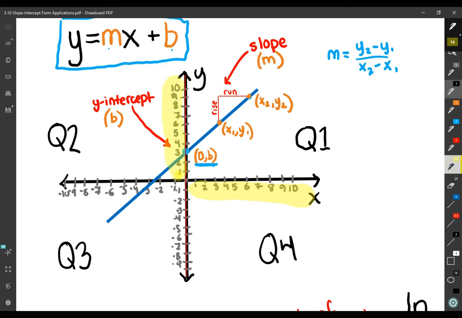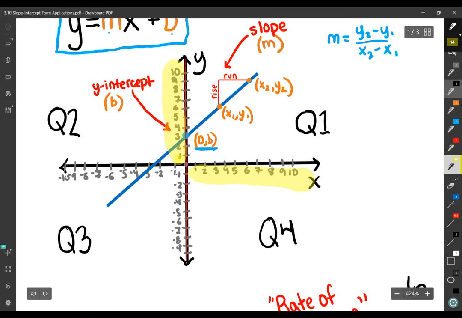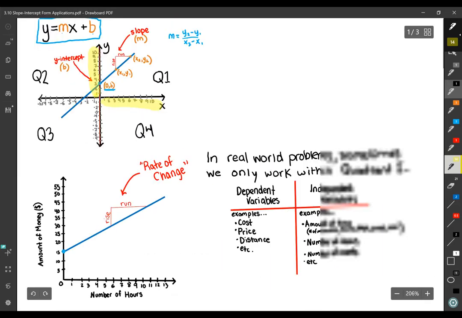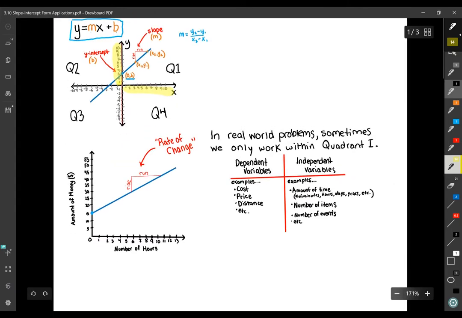So when we talk about real world problems, sometimes we would only draw a graph that includes just quadrant 1, right? Where we have positive values and positive values.